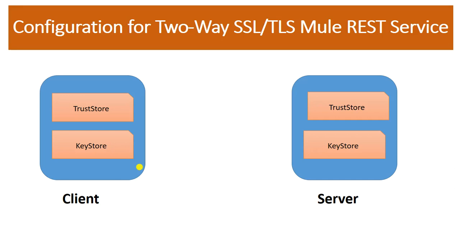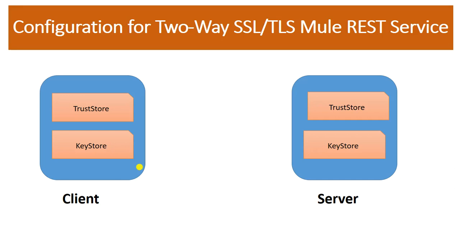So during the handshake, both parties make sure that they trust each other, and for this purpose they have their own key stores and trust stores. So this is what we are going to cover during this tutorial.